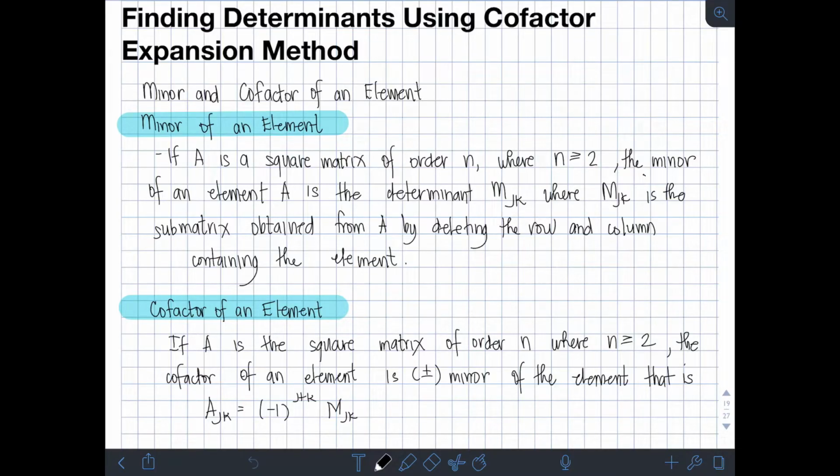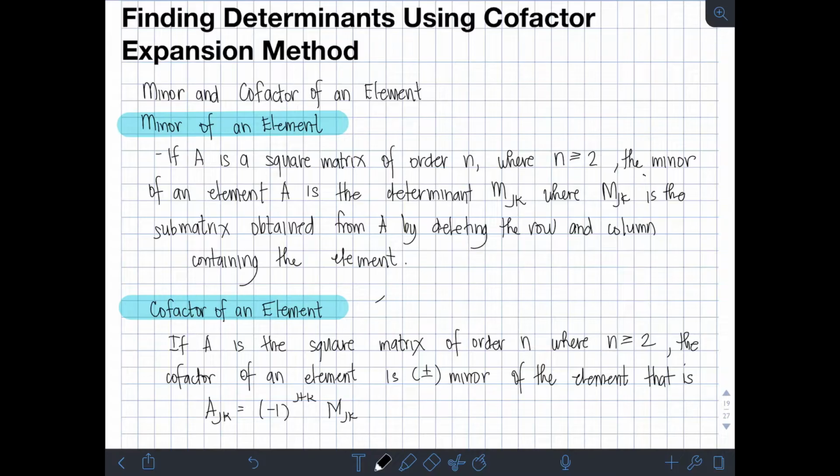And for the cofactor of an element naman, if A is a square matrix of order n, where n is greater than or equal to 2, the cofactor of an element is plus or minus the minor of the element, that is, A sub jk is equal to negative 1 raised to j plus k times M sub jk.